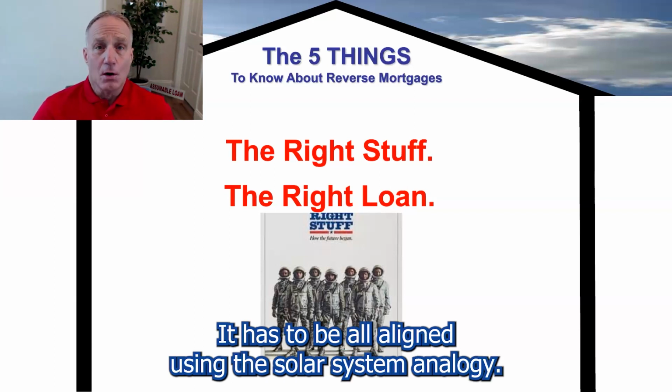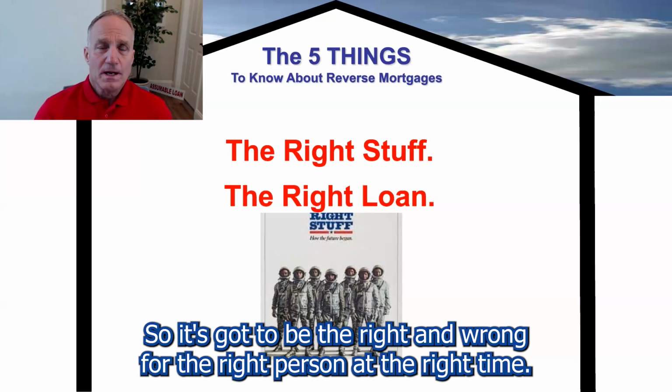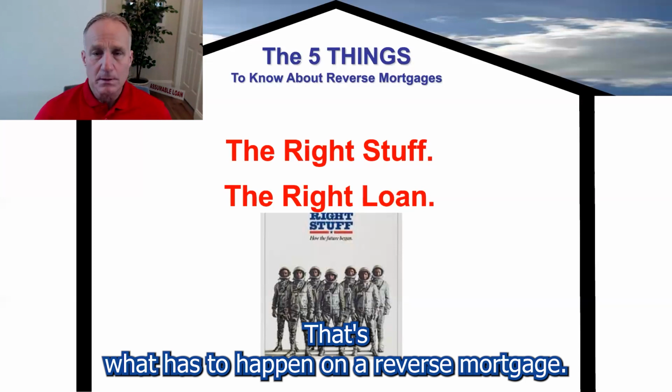It has to be all aligned. Using the solar system analogy, once again, the universe has to be aligned, kind of like the right stuff, right? So it's got to be the right loan for the right person at the right time. That's what has to happen on a reverse mortgage.